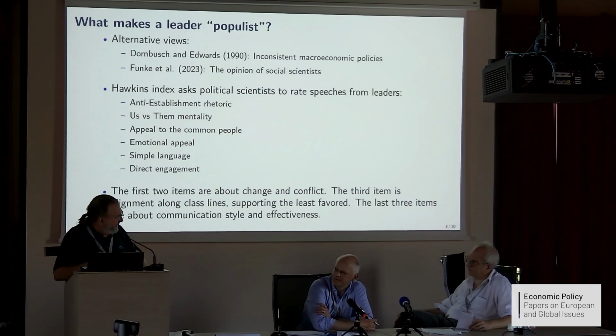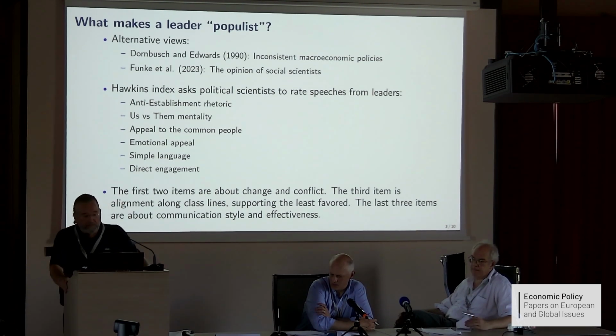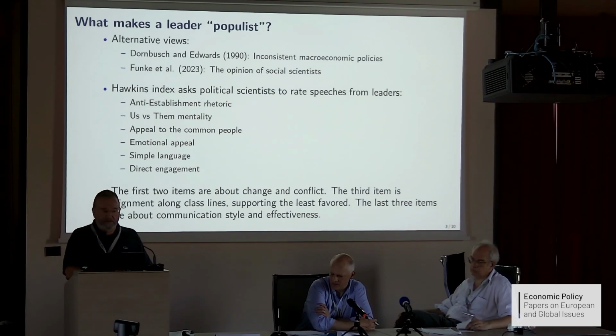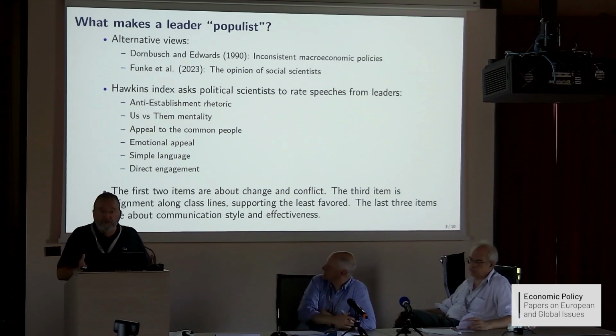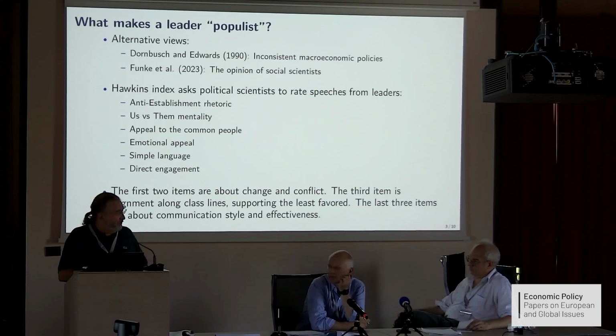Could you change the items and examine exactly what the features are? Now, once you know that these are leaders that operate in a process of change, conflict, class struggle, and they are good communicators, why would they behave differently than other leaders?